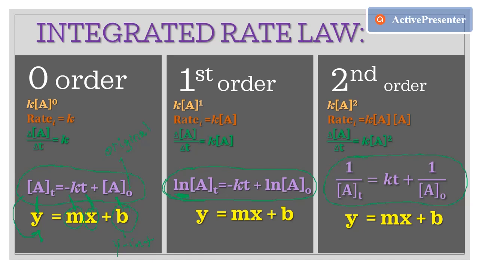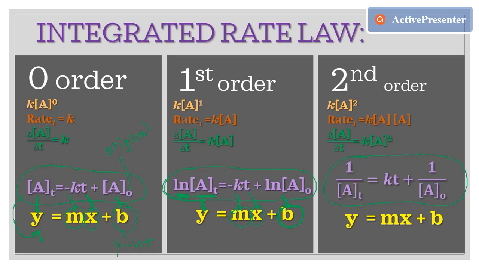The natural log of your final concentration of A is all your y value. And then the slope is your negative k, and then your x value is the time, and then your y-intercept, very important, your y-intercept is the natural log of your original concentration of A.